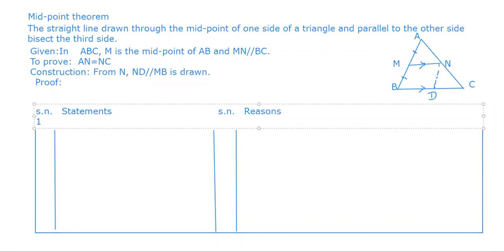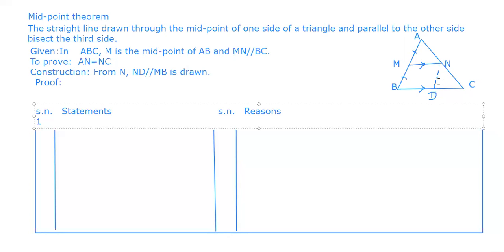Now, first of all, we can show this MNDB is a parallelogram, and then we will prove these two triangles, AMN and CND, are congruent.